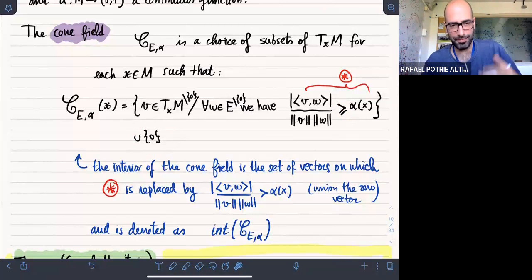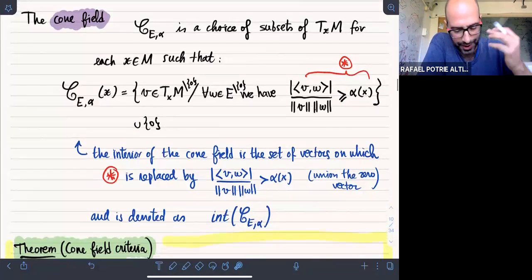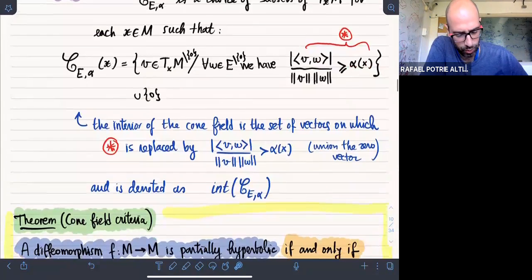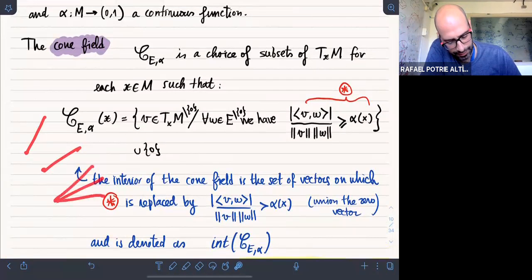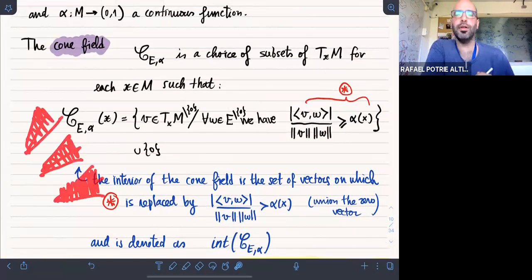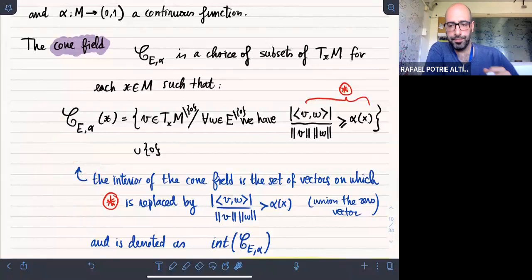This is just one of the many ways you have to do this. Okay, so is it clear what a cone field is? This is not the most general way to define a cone field, but we'll take at each point a subbundle, and then we'll take the set of vectors which make a small angle with respect to this subbundle.